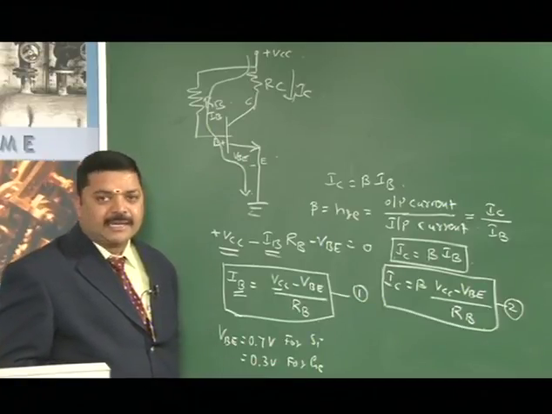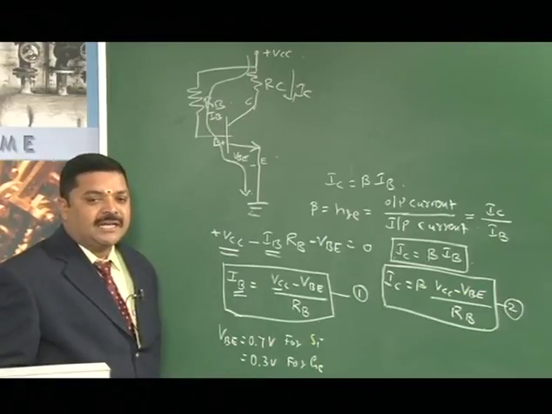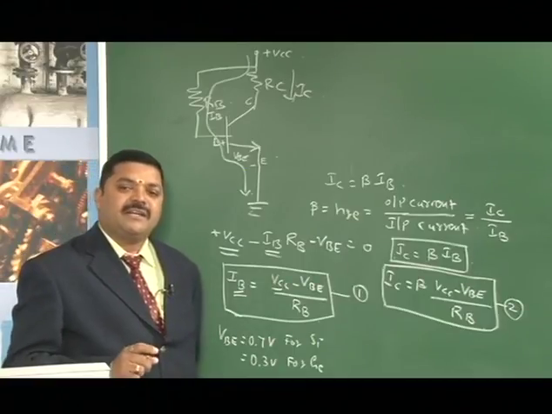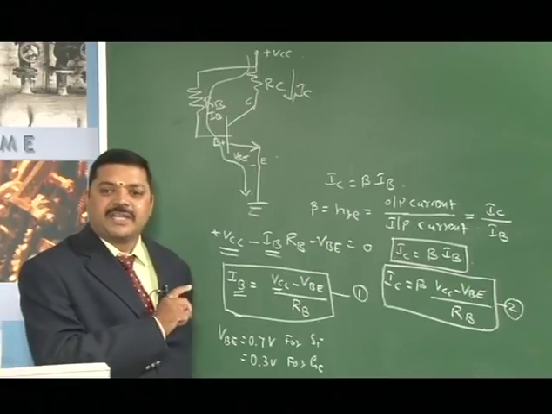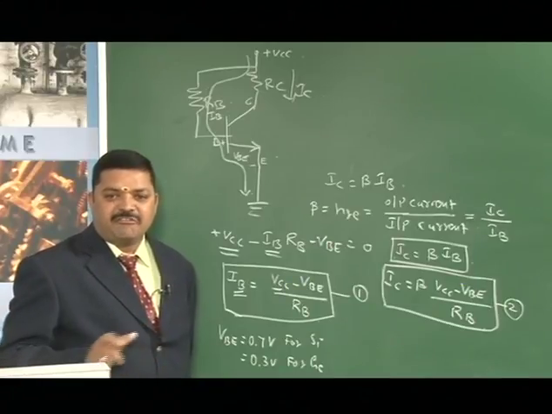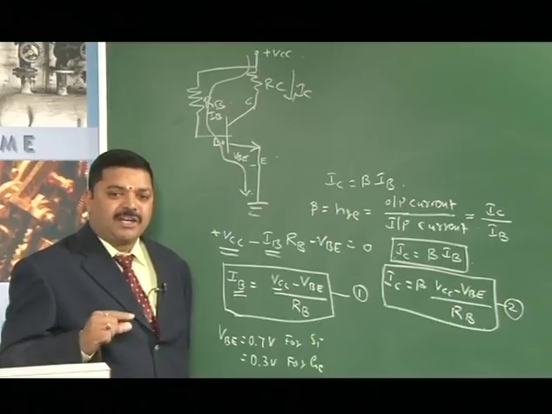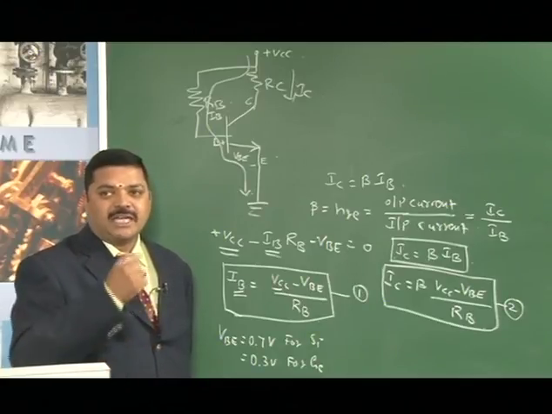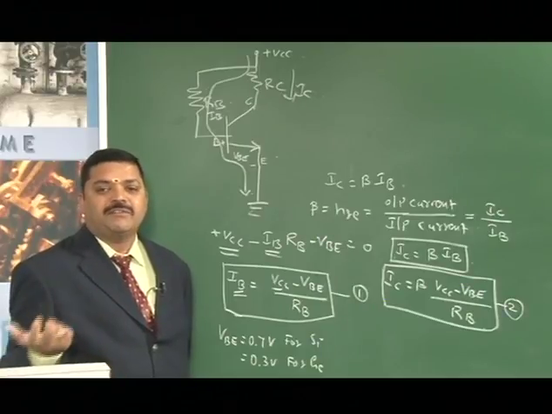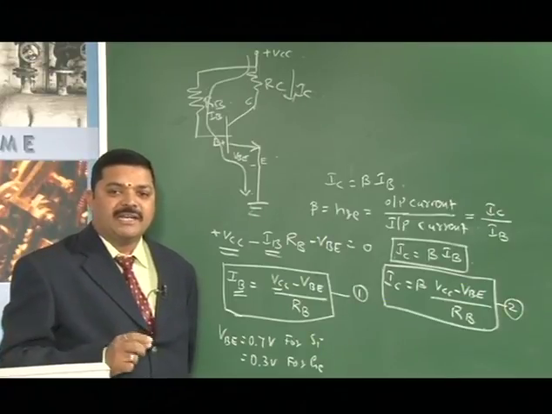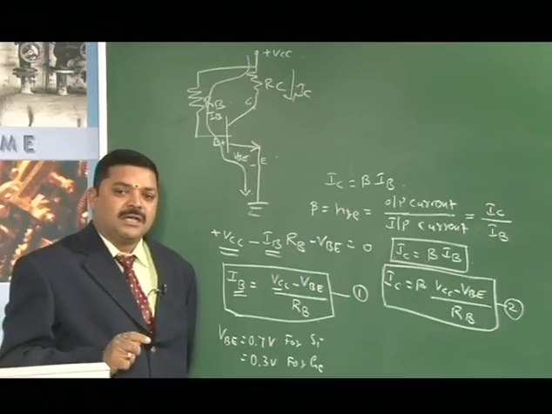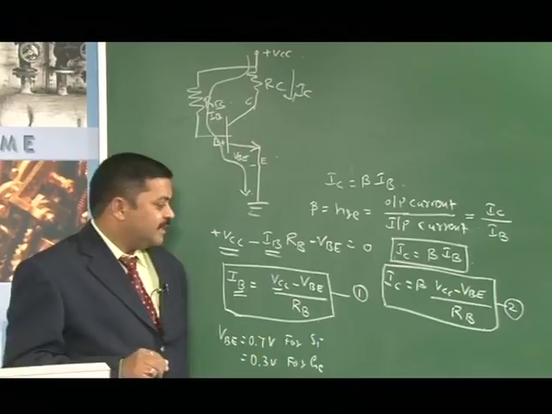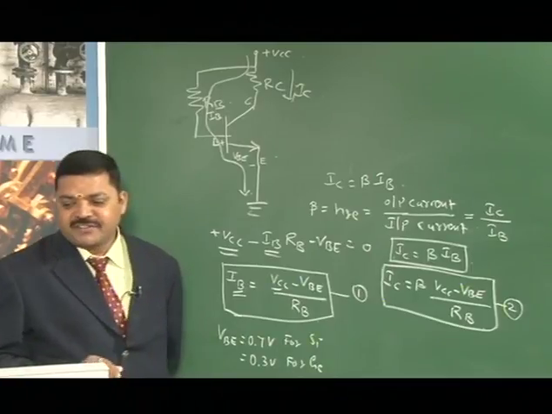Since the collector current is constant, once we fix the operating point at the center of the active region for the fixed bias circuit, it won't be further varied. It may not move upwards, which would give unfaithful amplification. It won't move downwards, then also we will get a constant output. So we will be getting faithful amplification since IC is constant.